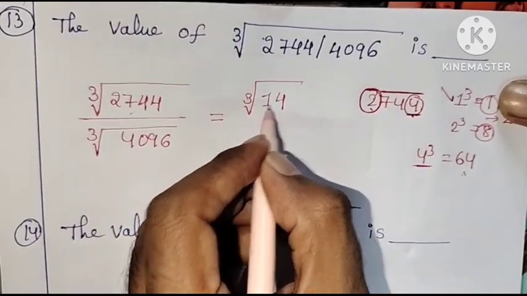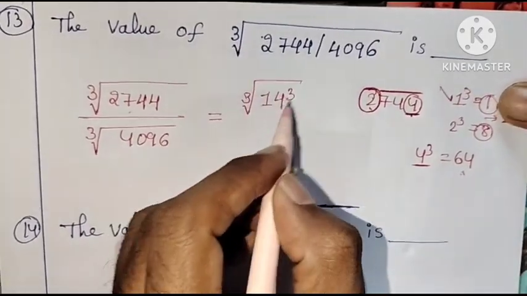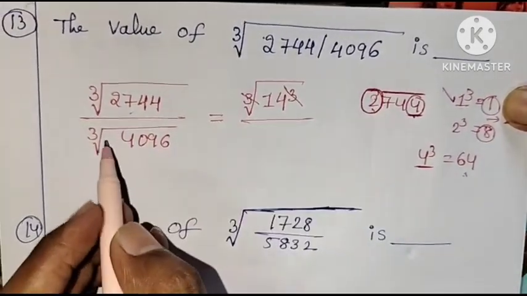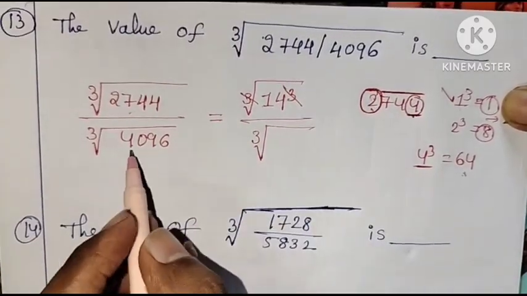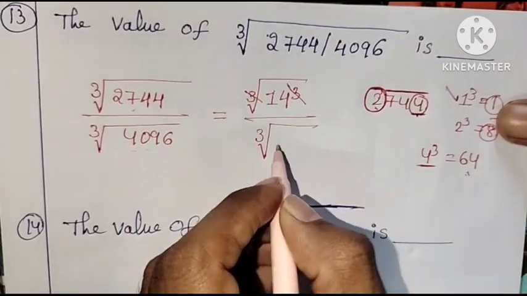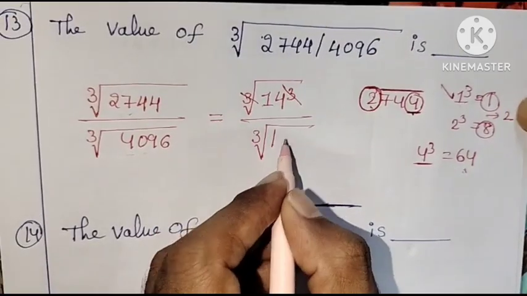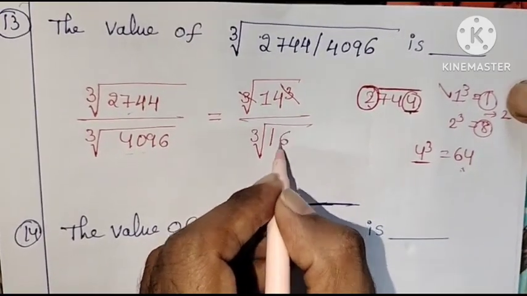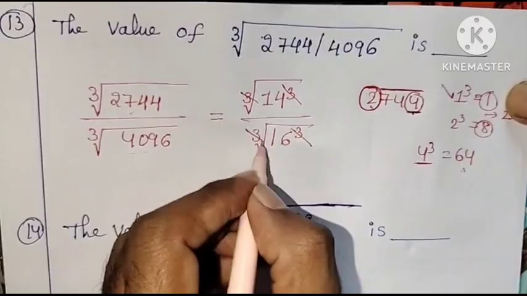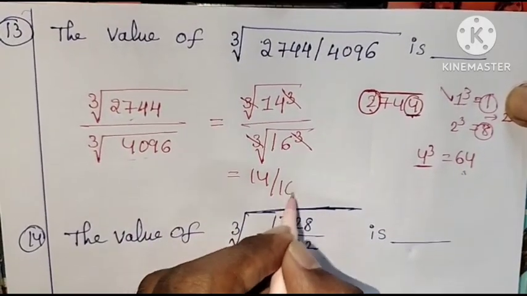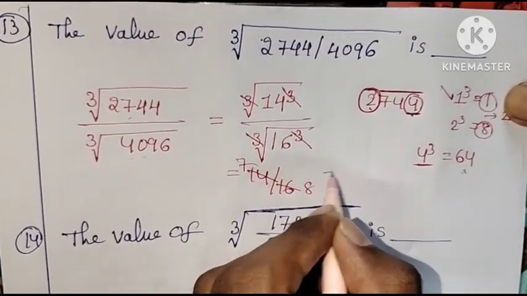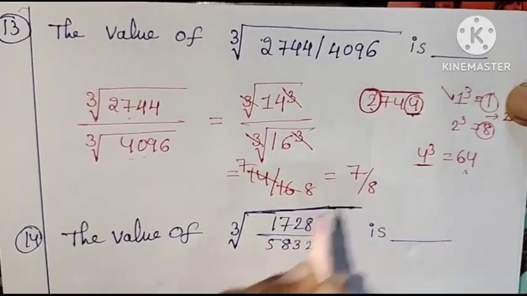So my answer is 14 cube. So the cube root cancels. Similarly, 4096 is a cube of 16. Okay, so the cube root cancels, 14 by 16, 2 sevens are 14 and 2 eights are 16, so 7 by 8.